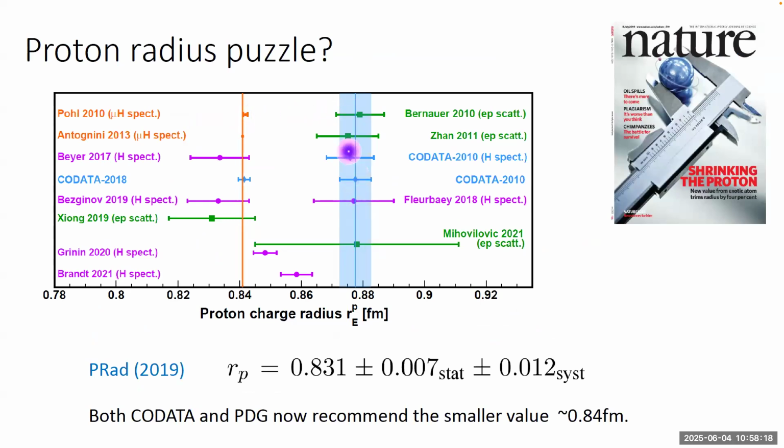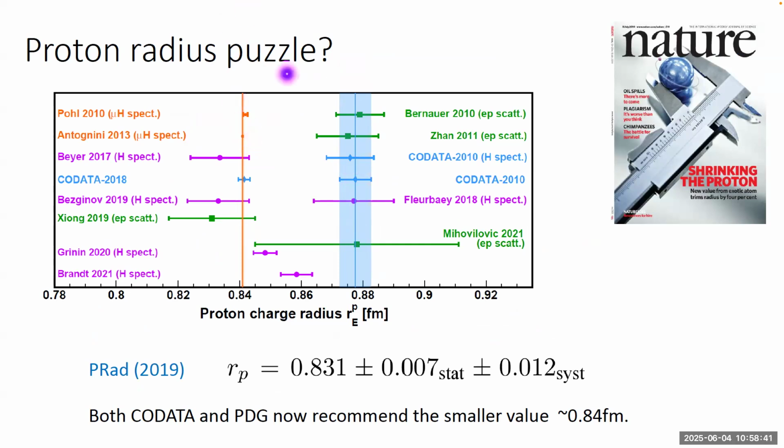It's different from the previous result by a large factor, and it's very precise. Look at this error bar; it's a very precise measurement. People were surprised because all the previous experiments from electron scattering were not consistent, right? So that was the proton radius puzzle, and then there was lots of excitement.